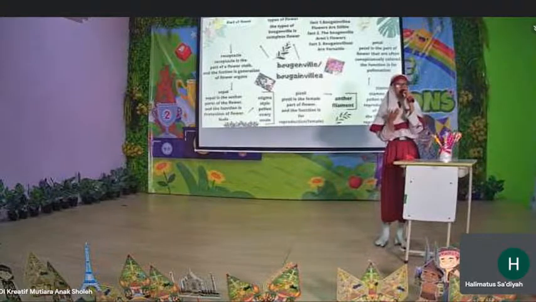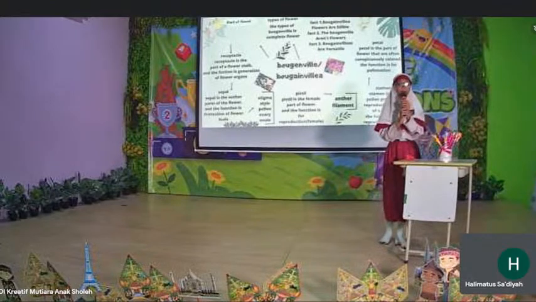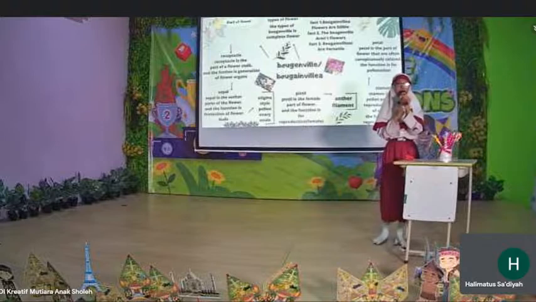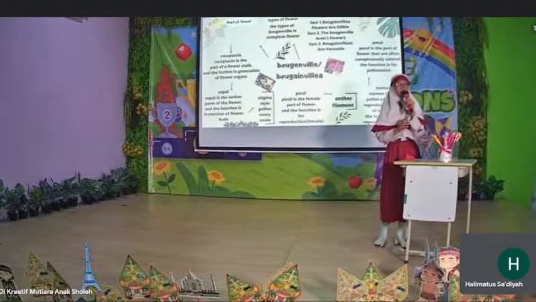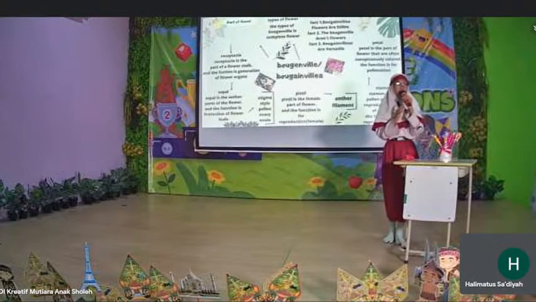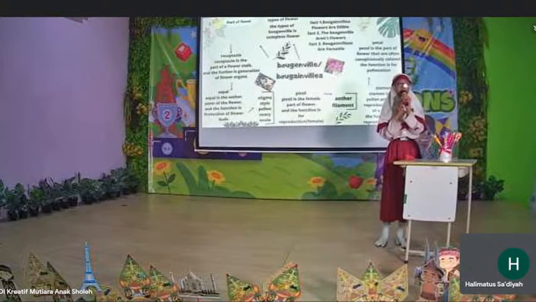What is stamen? Stamen is the pollen producing reproduction organ of flower. The function is for male reproduction. And the last is petal. Petal is the part of flower that is often conspicuously colored, and the function is for pollination.